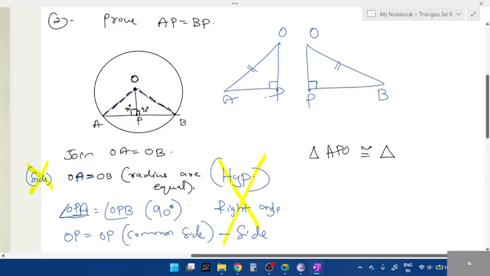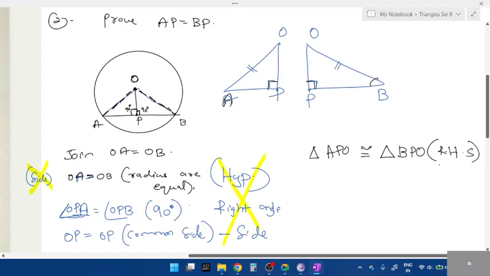Now, get back to the angles. Angle A is equal to which one on the other side? See, P and P are same, O and O are same. So angle B, very good, BPO. Under which criterion? Yes, this is the reason you have to mention.